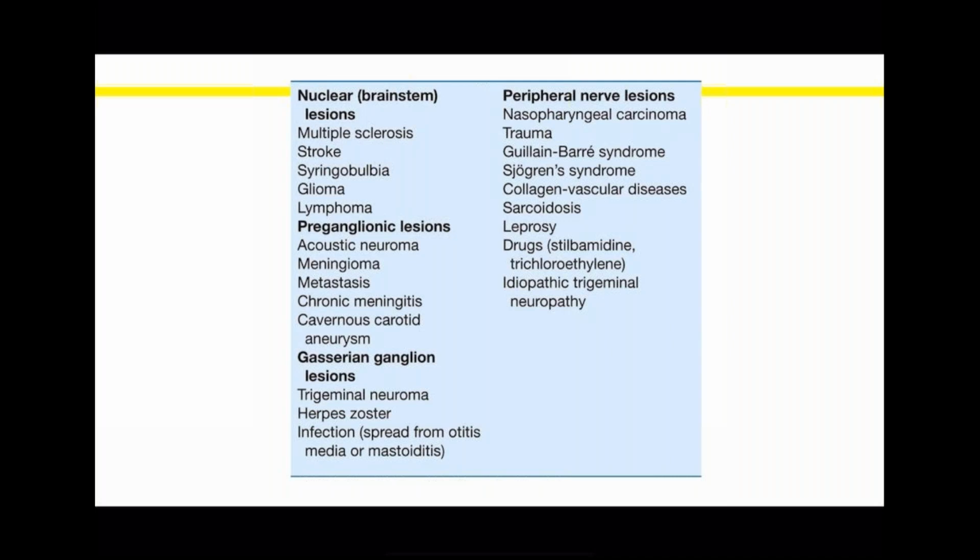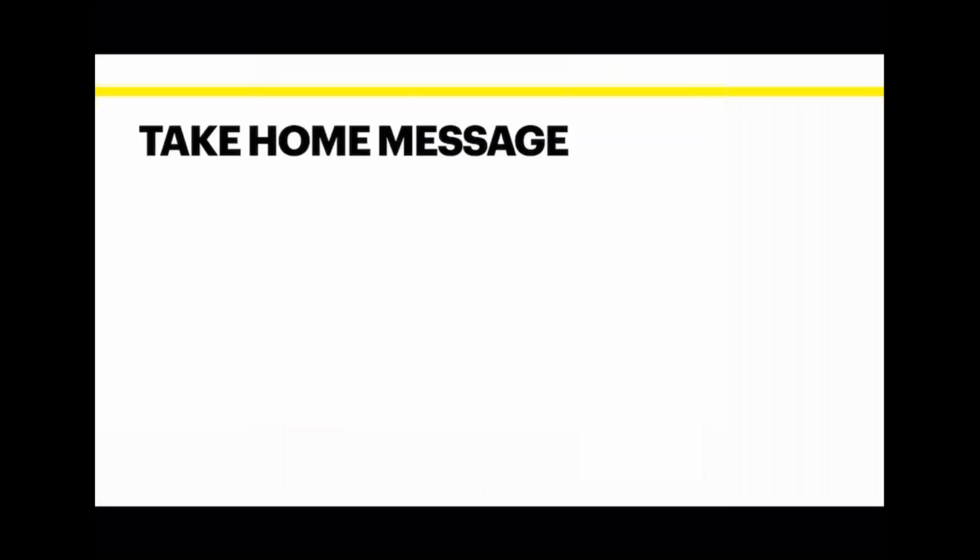Just in summary, try to remember what is affecting the nucleus, what is affecting the preganglionic, ganglionic, and the peripheral nerves. It can be anything, simply. So history is important, and the association of other symptoms is very important.